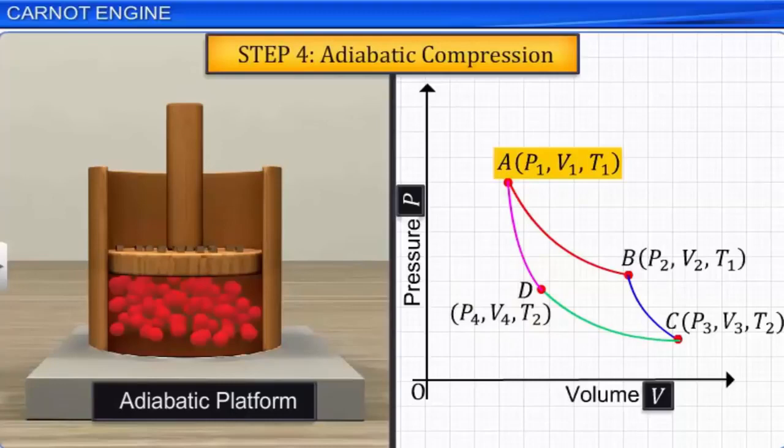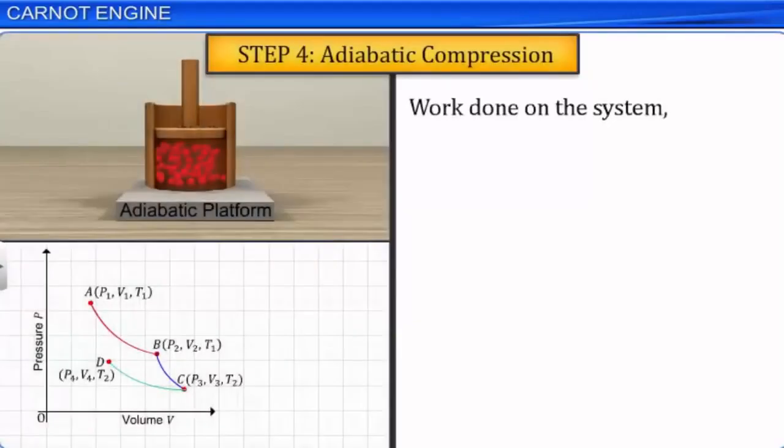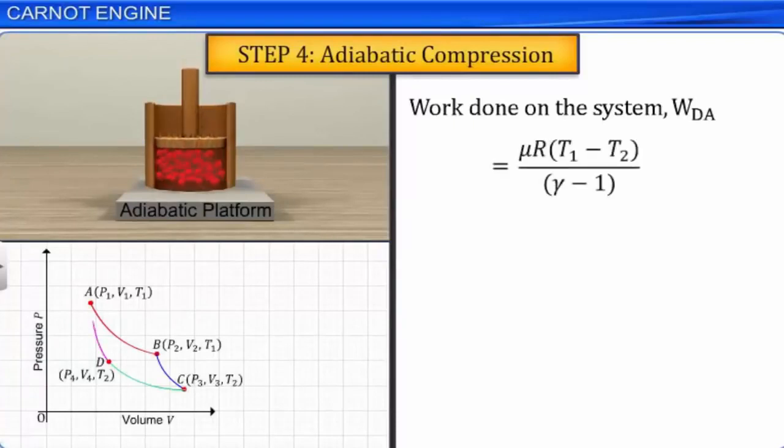The work done on the system, WDA, is equal to mu R into (T1 minus T2) by (gamma minus 1). Let this be equation 5. As the process is adiabatic, we can write T2 V4 to the power of gamma minus 1 is equal to T1 V1 to the power of gamma minus 1. Let this be equation 6.